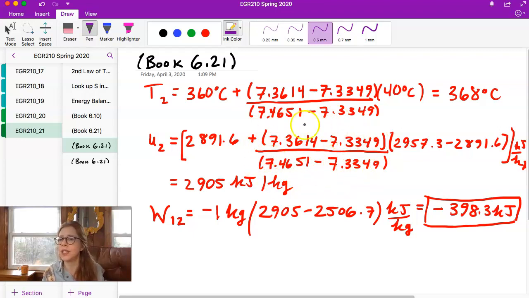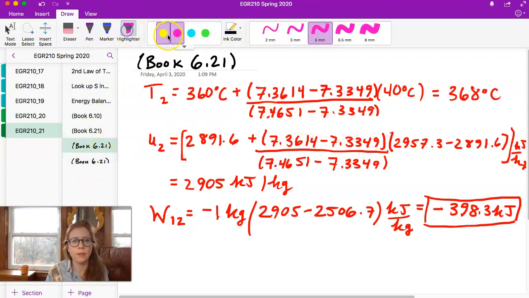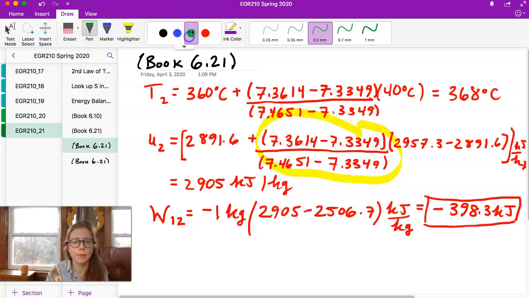So I'm going to just use that to save some time and energy with writing. Okay, so this whole thing right here is 0.2035.